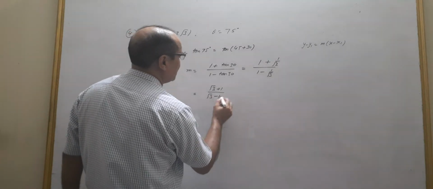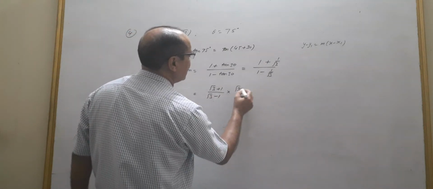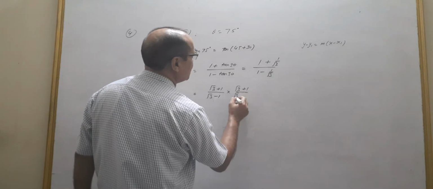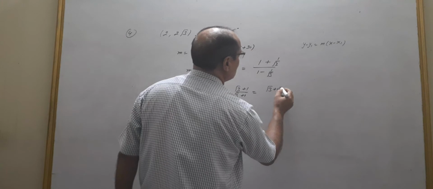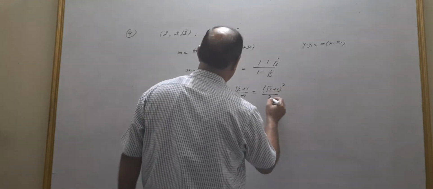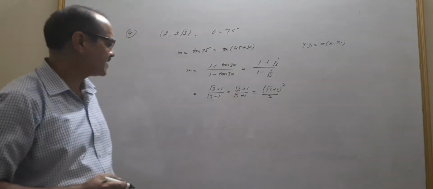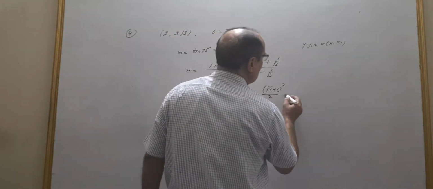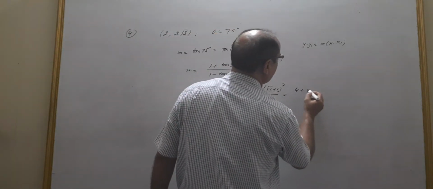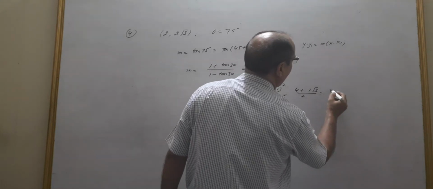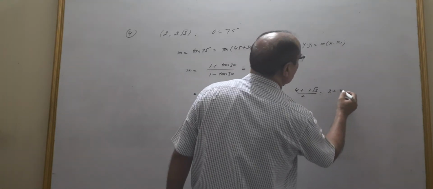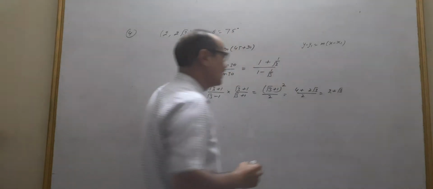Now rationalizing, this can be written as root 3 plus 1 and root 3 plus 1. This can be written as root 3 plus 1 whole square, and in the denominator that is 2, because a plus b into a minus b is a square minus b square. On squaring this can be written as 2 root 3 by 2. So the value of m is 2 plus root 3.